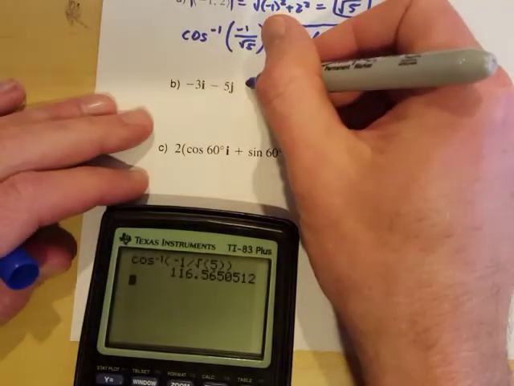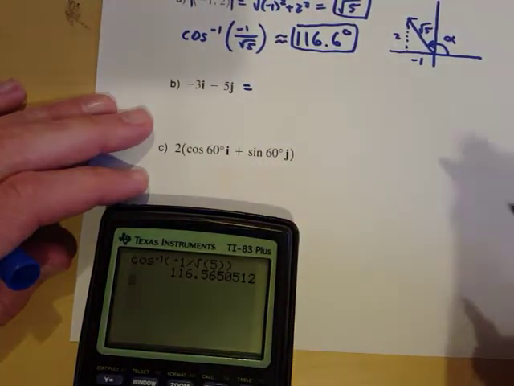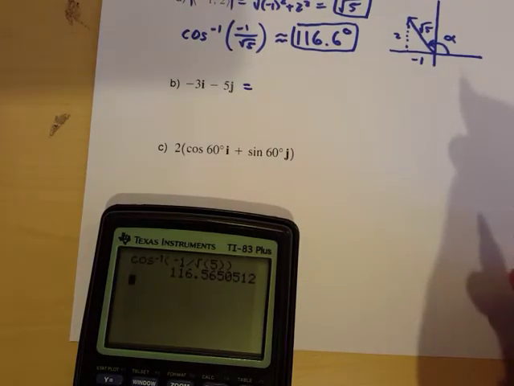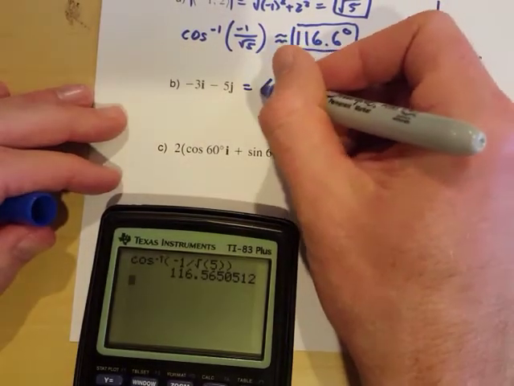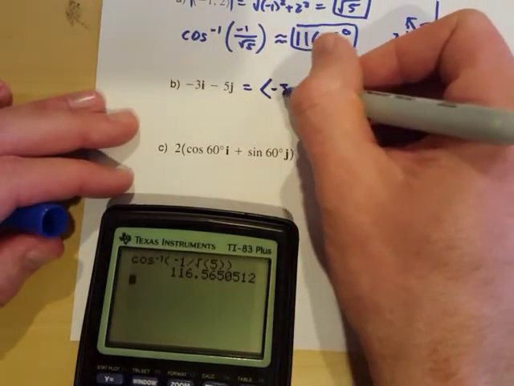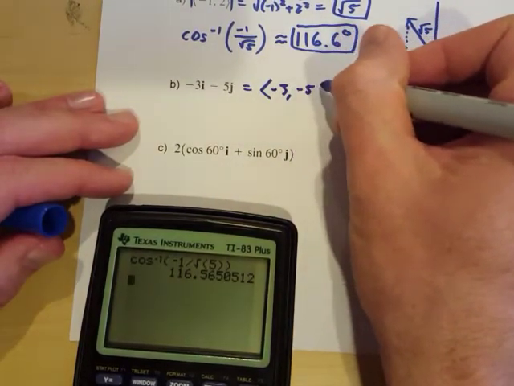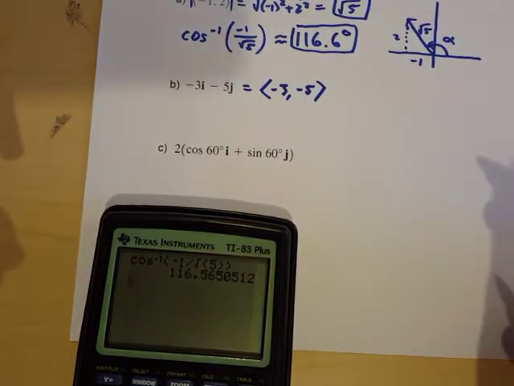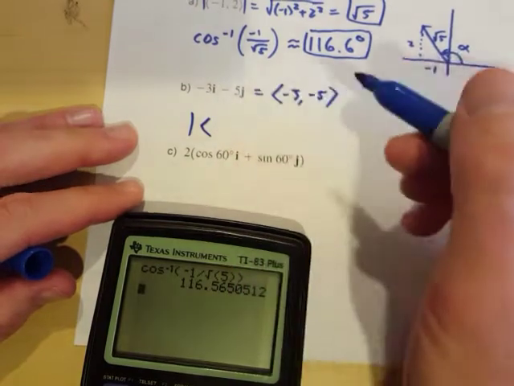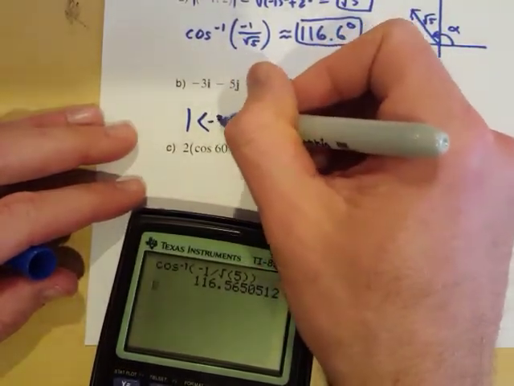One thing I would like to mention here is that the i's and j's, if you don't like working with those, you can certainly put that into pointing brackets, put it into component form instead. I kind of like to do that. So I'm going to change this to -3, -5. Those two mean the exact same thing. And like before, I can find the magnitude by just doing our little formula.